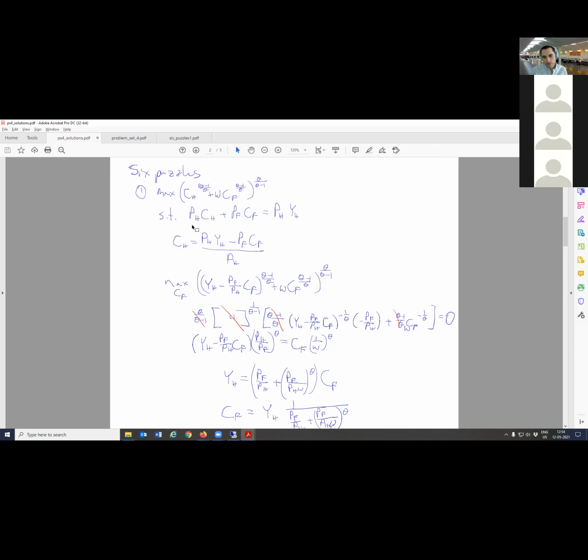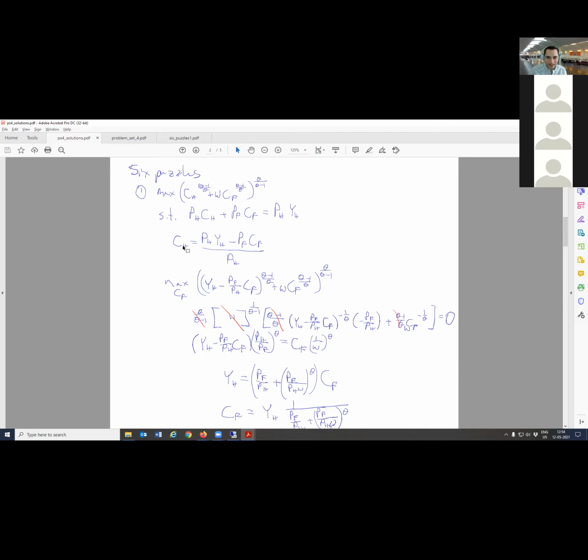Now, if you solve this, there's a lot going on here. I'll just very briefly say how I solved it. I think the easiest way to solve this sort of problem is to isolate CH. This budget constraint implies a relationship between CH and CF, the things we want to optimize, given by this equation here.